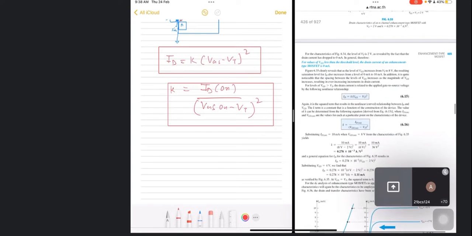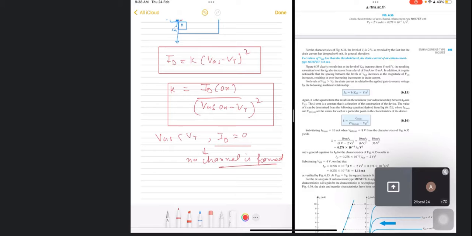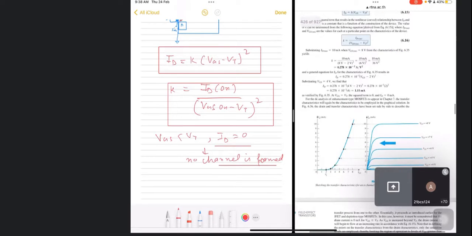Okay, so this is true for this value. But VGS, if it is less than VT, ID is zero straight away because no channel is being formed. मिनिमम चैनल बनाने के लिए और करंट फ्लो कराने के लिए मिनिमम चैनल होना जरूरी है.